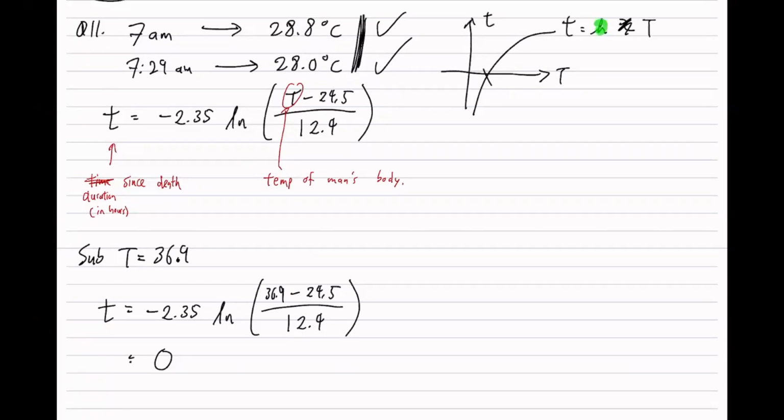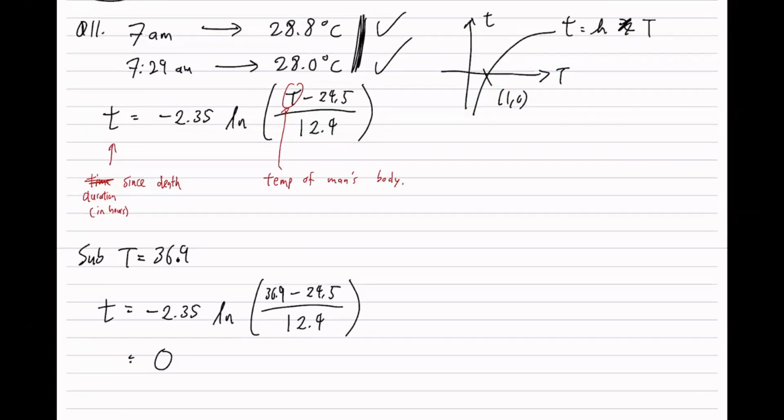If this is ln of t, this is how the graph looks. But here you've got a minus 24.5 and divide by 12.4. The minus 24.5 just shifts the graph a bit to the right. And this divide by 12.4 actually just scales it, stretching it out by a factor of 12.4.